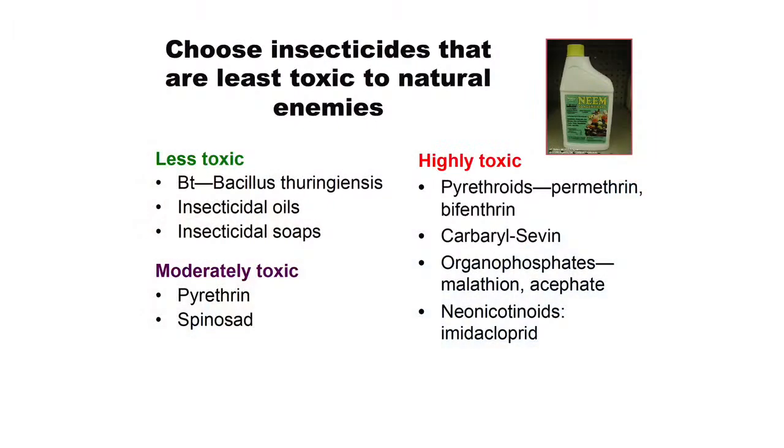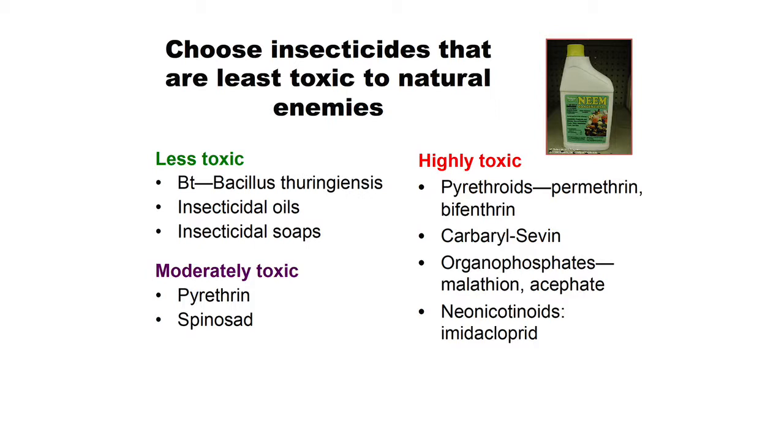But here's sort of a short list of insecticides. The less toxic materials, Bacillus thuringiensis, which is a bacterial disease of caterpillars, oils and soaps, are pretty compatible with natural enemies. What you want to stay away from are these materials: the pyrethroids, carbaryl, the organophosphates, the neonicotinoids.